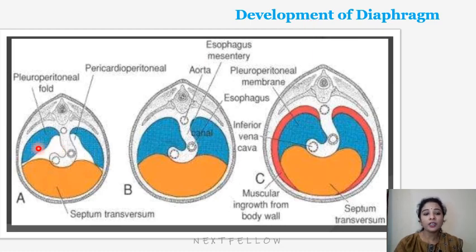The external layer will form the definitive body wall, and the internal layer forms the peripheral parts of the diaphragm. So the peripheral parts of the diaphragm are derived from parts of the pleuro-peritoneal membranes and the lateral body wall. So this completes the development of the diaphragm.